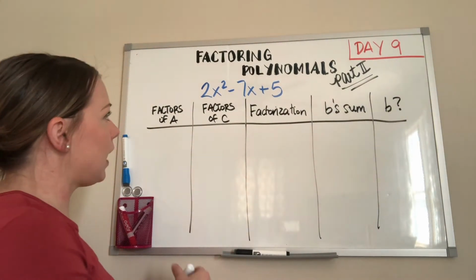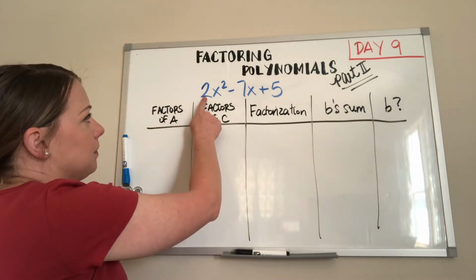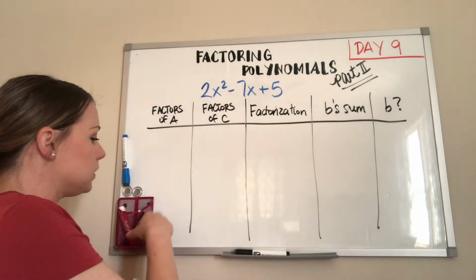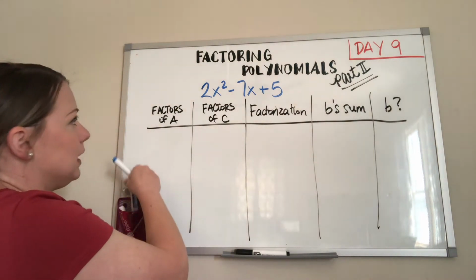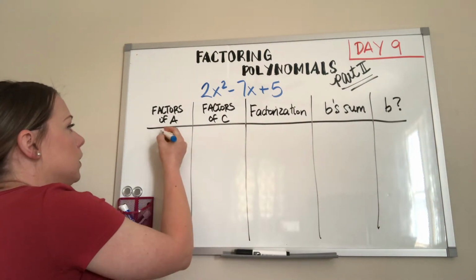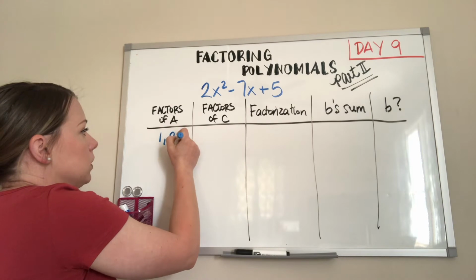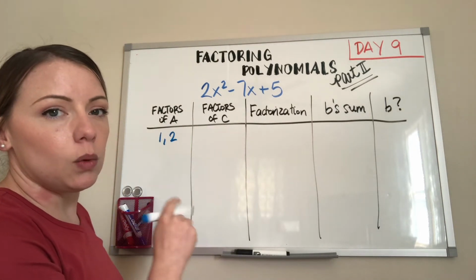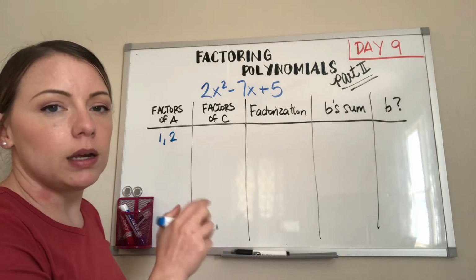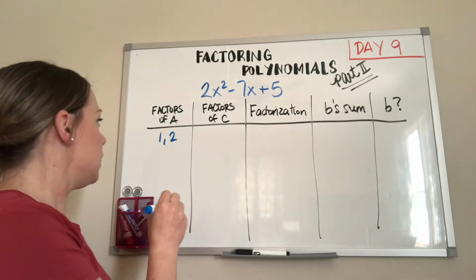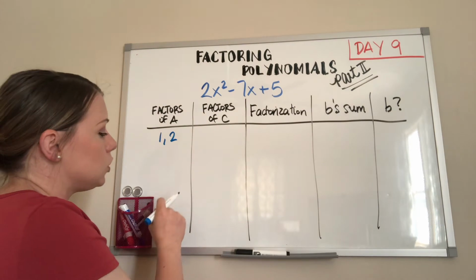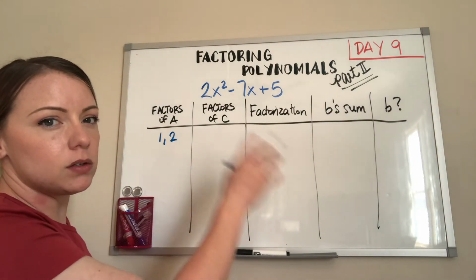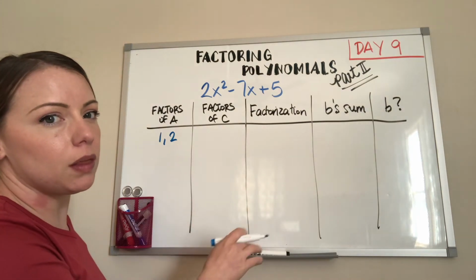So let's look at my factors of A. I have A as 2. Now, the only numbers that can multiply to get 2 would be 1 and 2. And then, remember how I said last section we didn't have to worry about order? In this section, we do. So I have 1 and 2, but then I also have to consider, instead of 1 and then 2, what about if it's 2 and then 1?